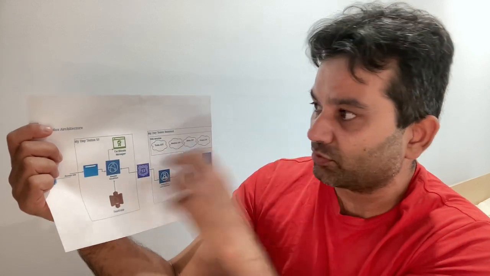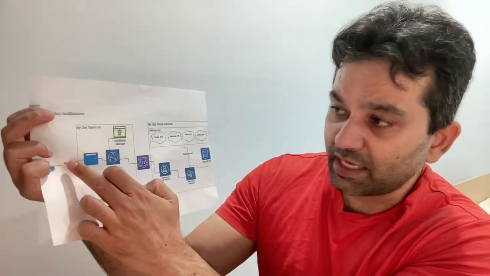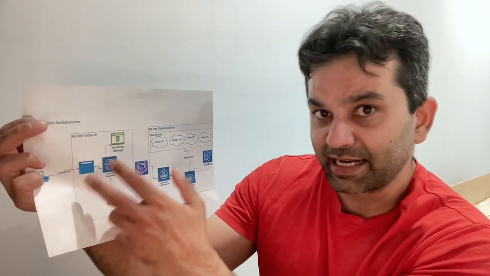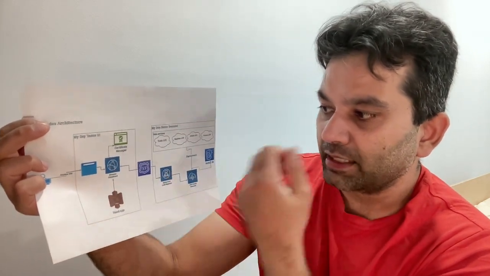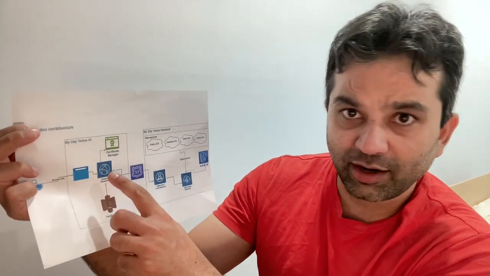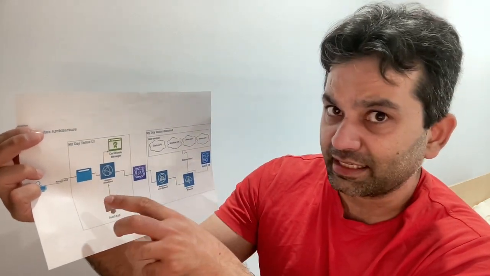Now for the UI, the user accesses the site. So the user, on their computer or mobile phone, whatever, will try to access that site. I'm not sure how accurate this is. I'm not sure if I've done the right thing here.